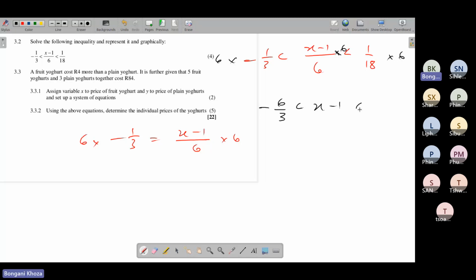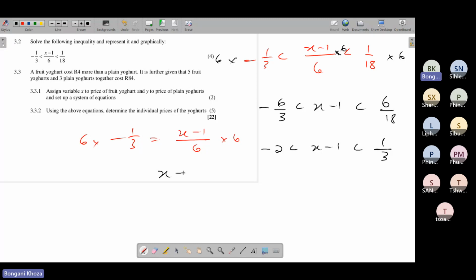This is x minus 1. This is now 6 over 18. This is going to give me -2, x minus 1, and this is just going to give me 1 over 3, I think. Then from there, we need to get rid of this 1.